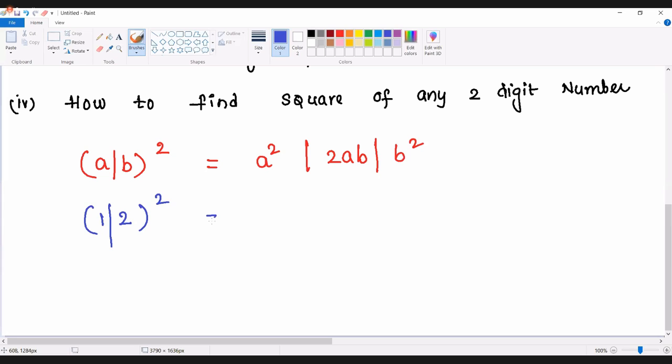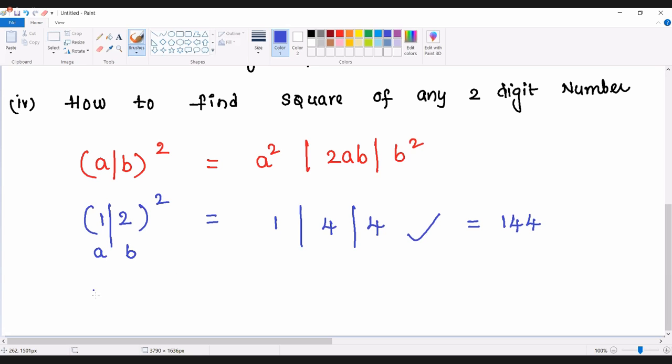Take a value as 1, b value as 2. A square is 1 square, that is 1. 2ab is 2 into 1 into 2, that is 4. B square is 2 square, that is 4. Answer is going to be 144.